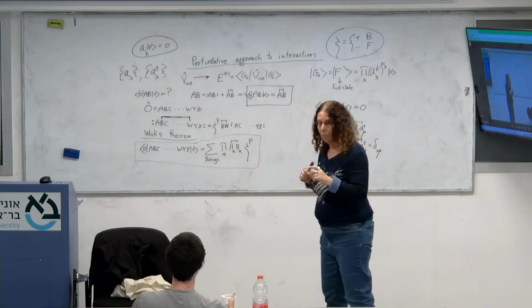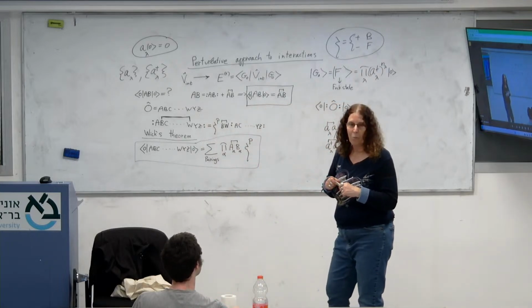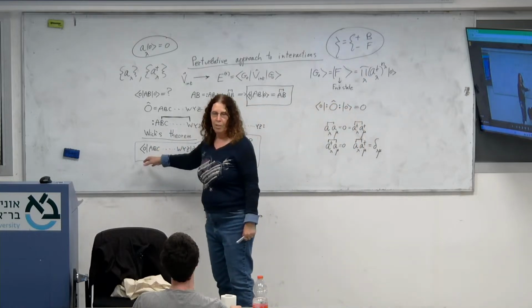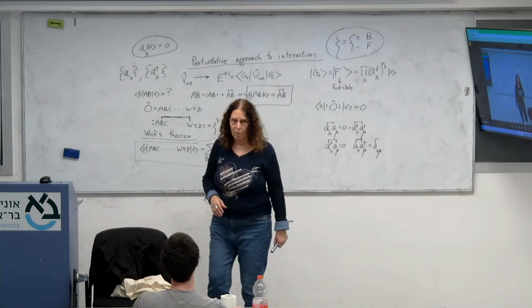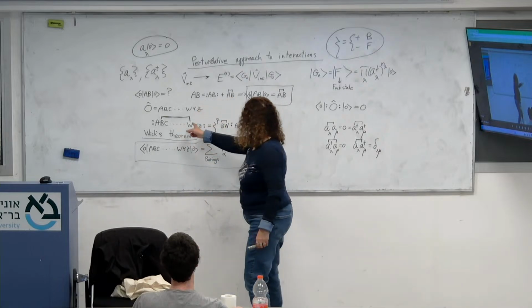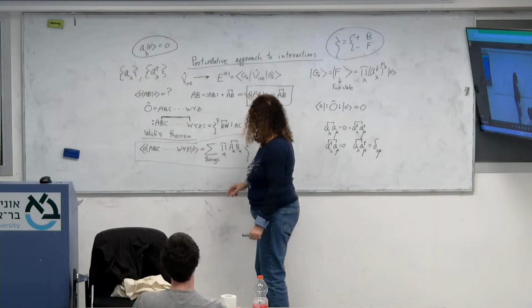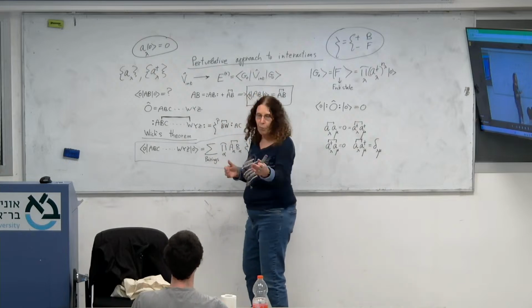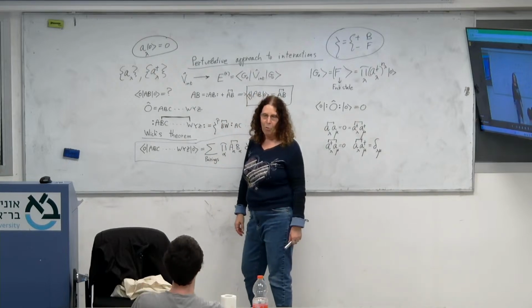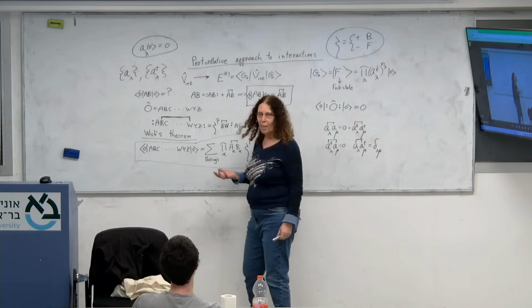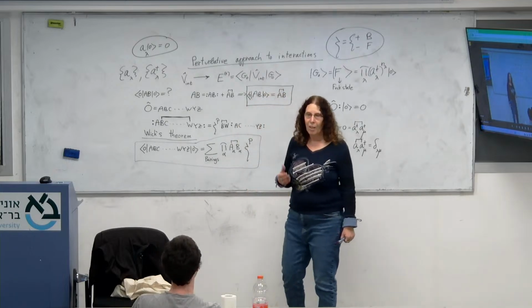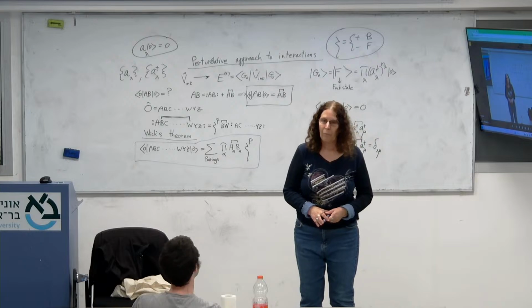What if there is an odd number? Then what you get is 0. Okay, so first of all, when you have a string with an odd number of operators, you always get a 0. Why? Because, just look at this, right? So I can pair 2 and pair another 2. Okay, but in the end, if I started from an odd number of operators, I'm left with a normal order of something that doesn't have a pair, and that one has 0 expectation value. Okay?